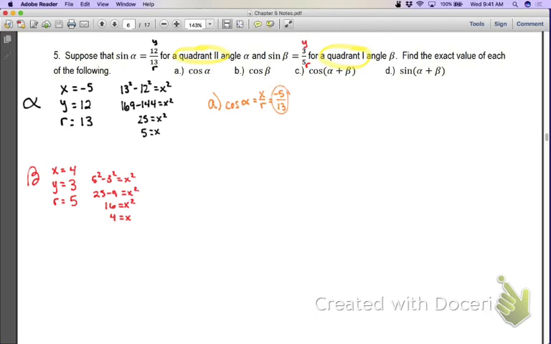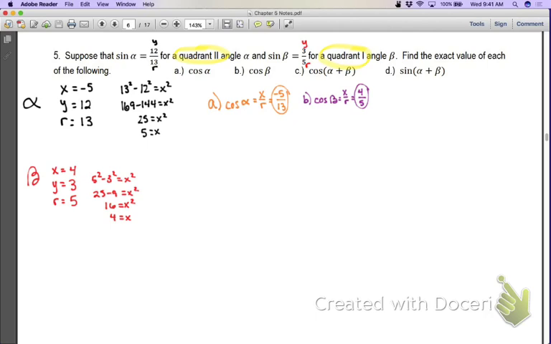I'm going to come back to that in just a second. I'm going to do the same thing on part B, but I'm going to use cosine of beta. Again, it's cosine, so it's x over r. My x value is 4. My r is 5. Again, I'll use that in a second.